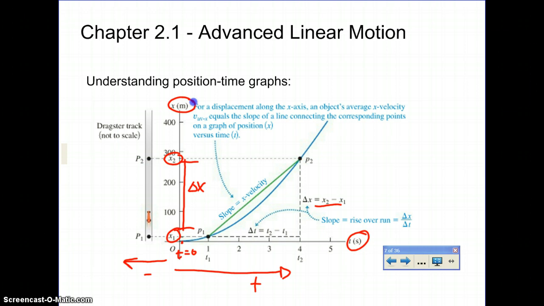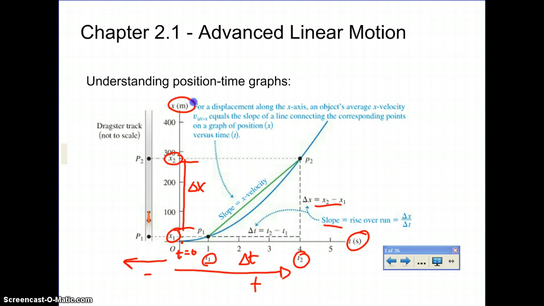The only time we have negative time is when we're looking backwards in time. So you're going to start paying attention to the object at time 0, but a specific interval of time that you're interested in might be a starting time and an ending time, and this time interval, delta t, is the change in time we're interested in.